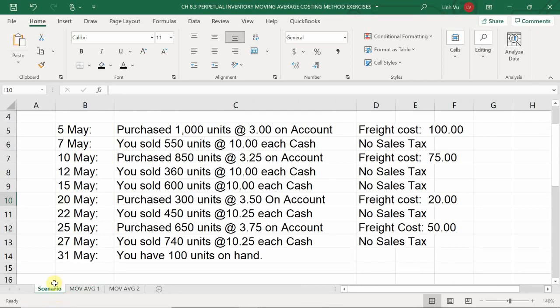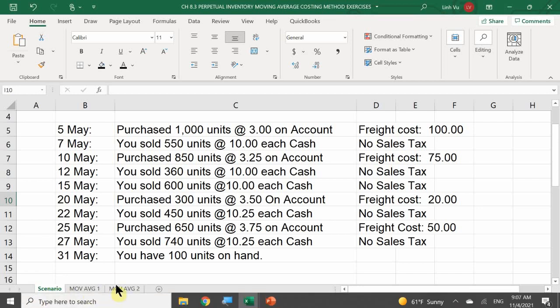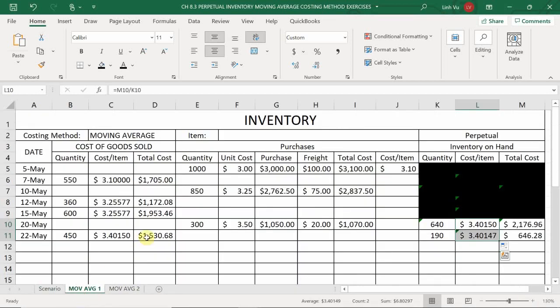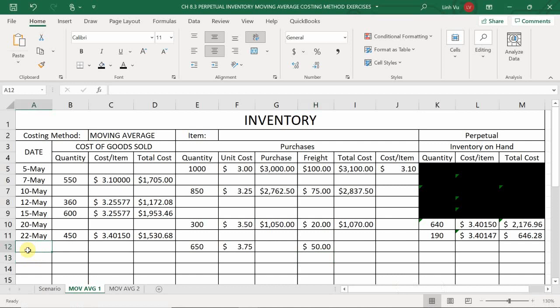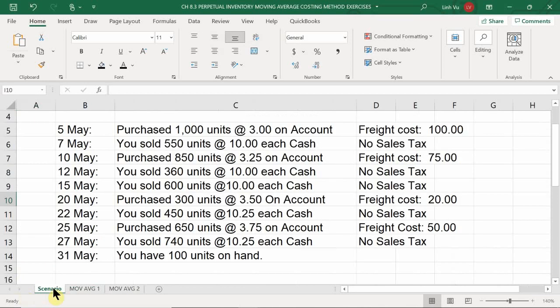May 25th, I end up purchasing an additional 650 units at $375 with the freight costing $50. Let me double check that real quick. May 25th, purchased 650, 375, and 50.